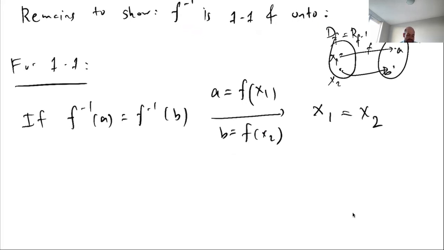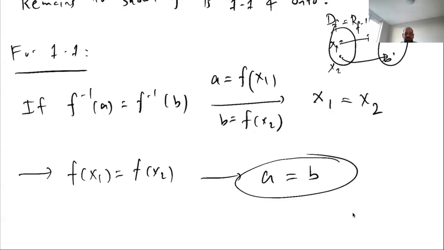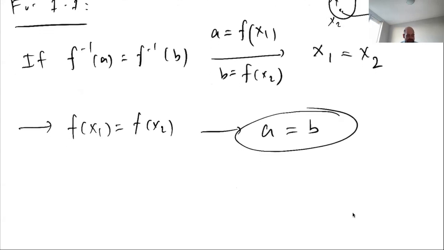Now, x1 equals x2, therefore F of x1 equals F of x2, and F of x1 is A, F of x2 is B. So I started with F inverse of A equals F inverse of B, and after some middle steps I concluded that A has to be equal to B. This means F inverse is 1-to-1.